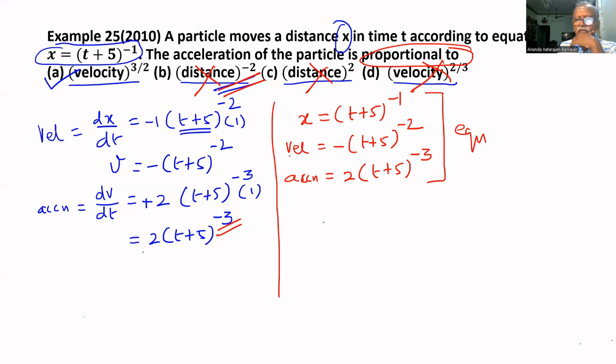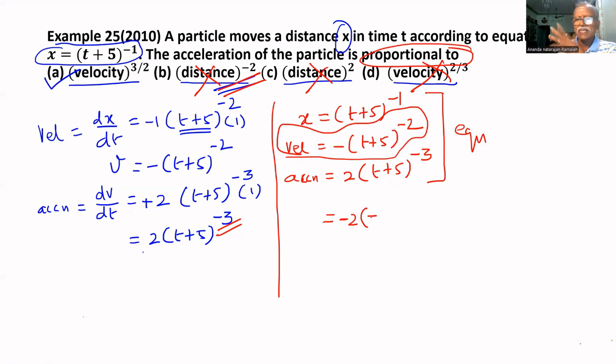So we have to substitute velocity in this acceleration. But we cannot substitute directly because here minus 3 is there, and here minus 2 is there. To substitute velocity here, we can write like this. The minus sign is there, that's why I'm deliberately putting one minus sign, and the 2, to cancel.